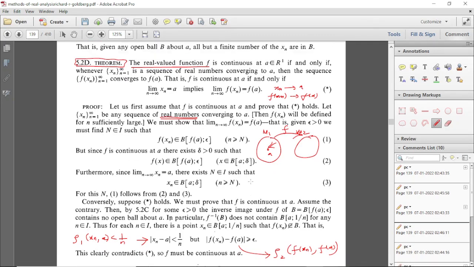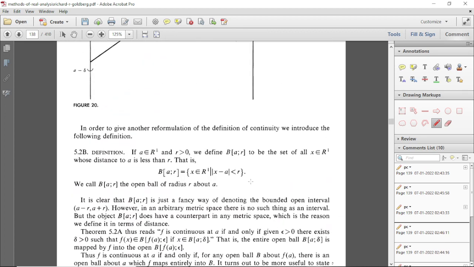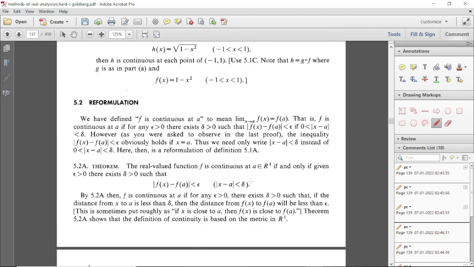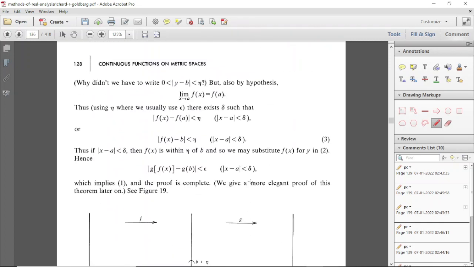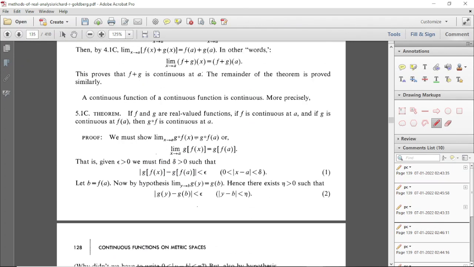Already we proved it. See here, in the first section, the beginning of the section, we proved this one already, before the chapter reformulation. Yes, here. This is f and g real valued functions. That is the only difference. And f is continuous at a, and g is continuous at f of a, and then g composition f is continuous at a.